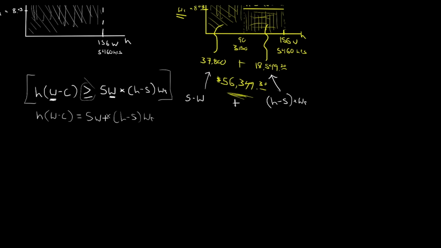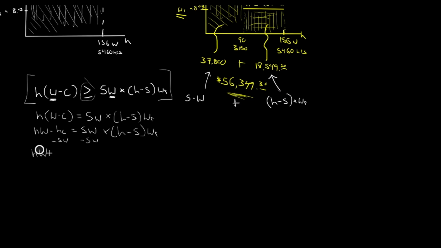Okay, our ultimate goal is to get W by itself. So I need to get W by itself. Let's open up this left-hand side. So we have HW minus HC equals SW times H minus S, and then the reservation wage. To get W to the same side, I'm going to minus SW.